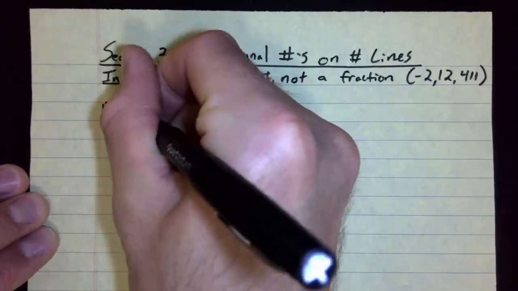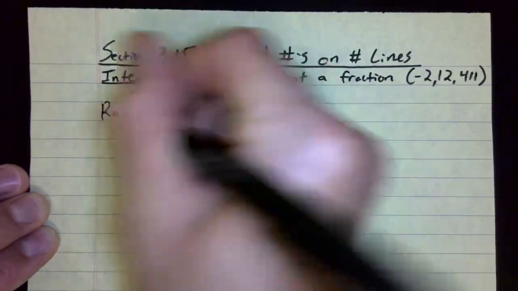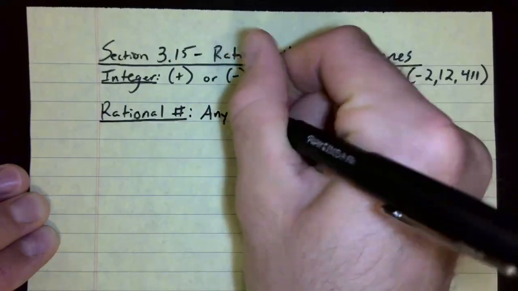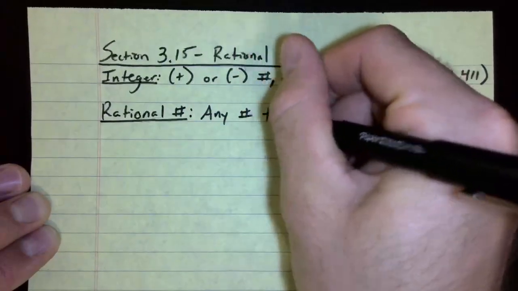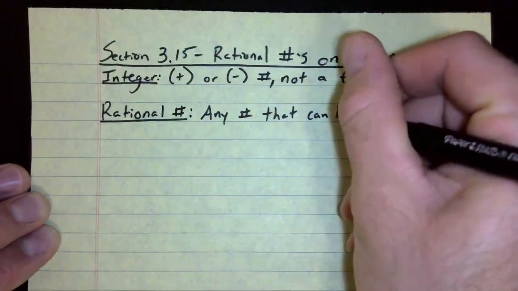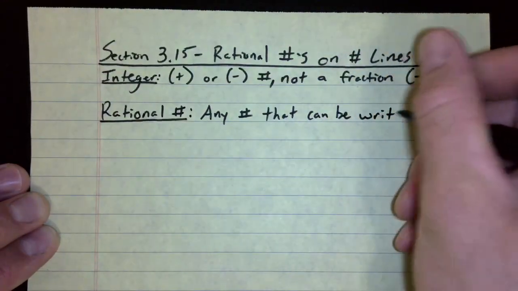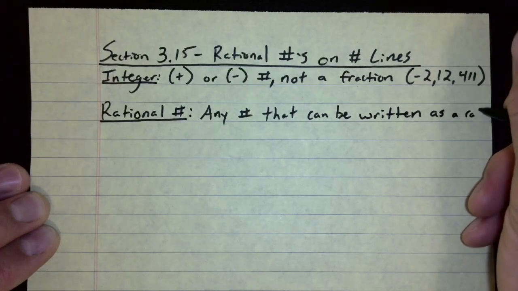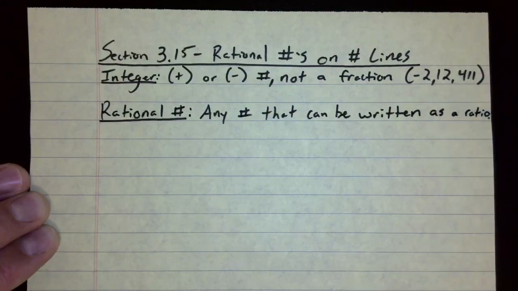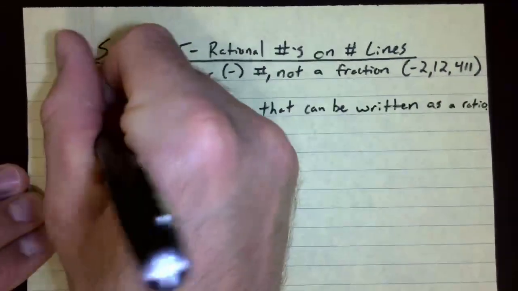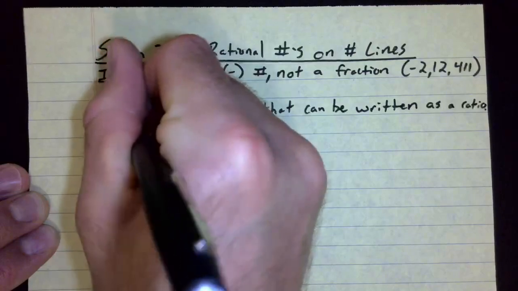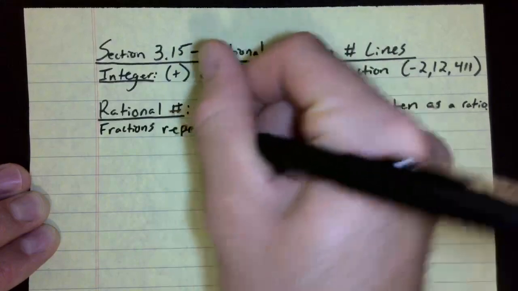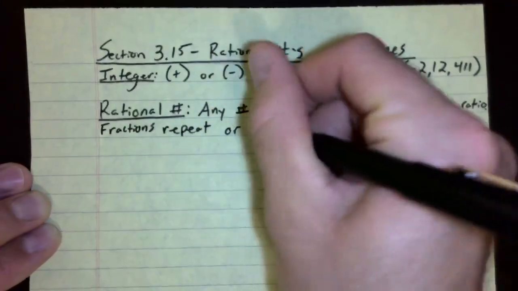Rational numbers are any number that can be written as a ratio. So we know that rational numbers are also fractions that repeat or terminate.